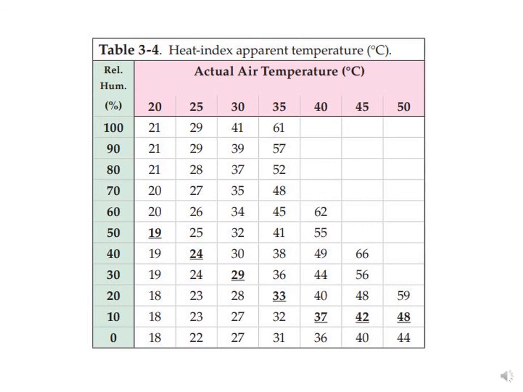But where this really kicks in is by the time you get up to 35 degrees C, so now we do have a warm day. If you have 35 degrees C and 80% relative humidity, the heat index is 52 degrees Celsius, and I guarantee that nobody will be very safe under those conditions, and you can suffer heat stroke rather quickly.